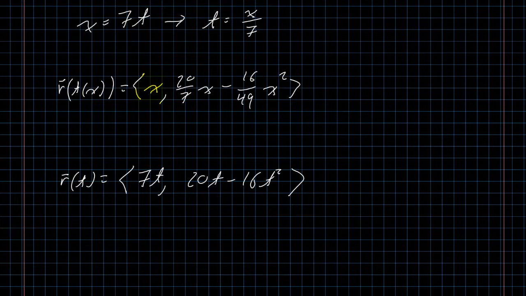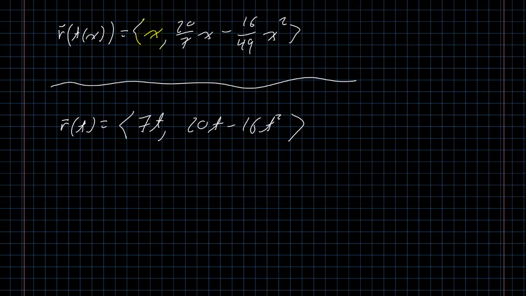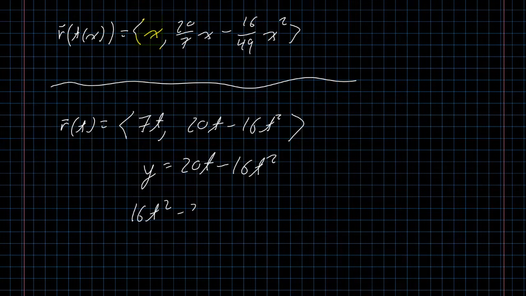And this time, instead of solving for x, we're going to solve with y. Y is equal to 20t minus 16t squared, and that looks a little bit intimidating, but that's the same thing as 16t squared minus 20t plus y equals 0, so we can solve that using the quadratic formula.